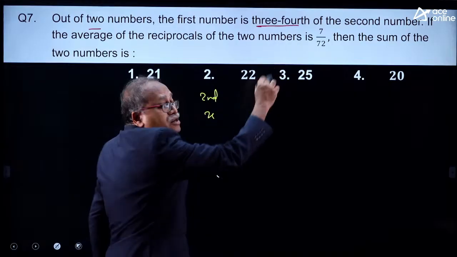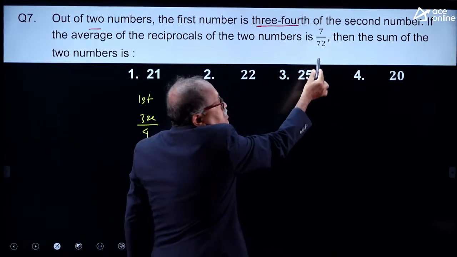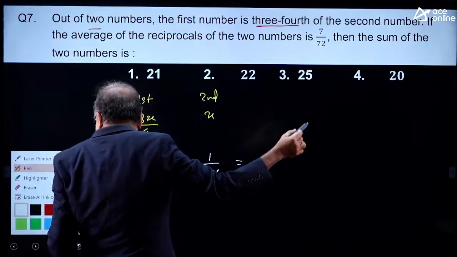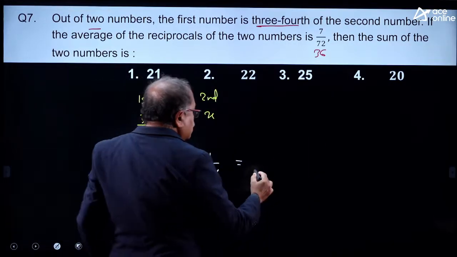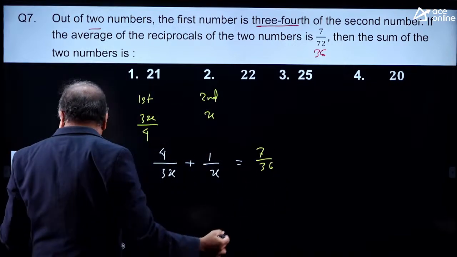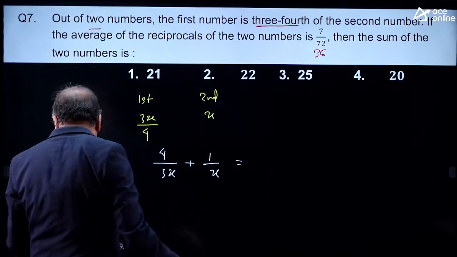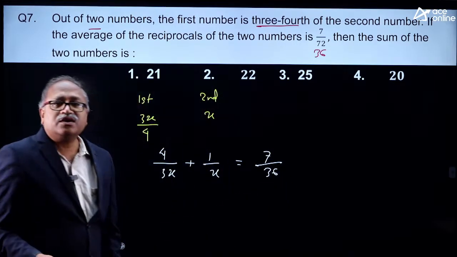On the other side it is multiplied by 2. So, when I multiply this by 2, this will become 7 by 36.